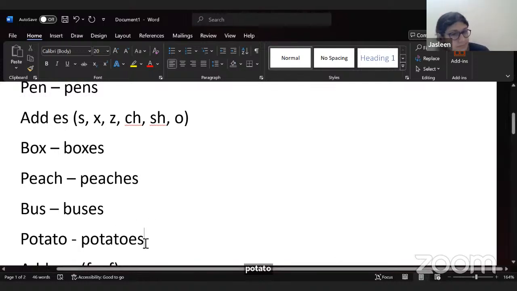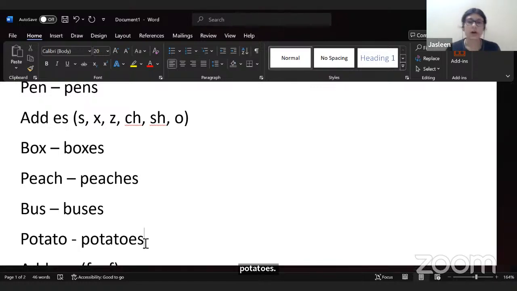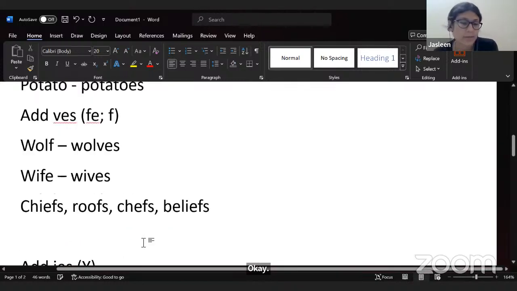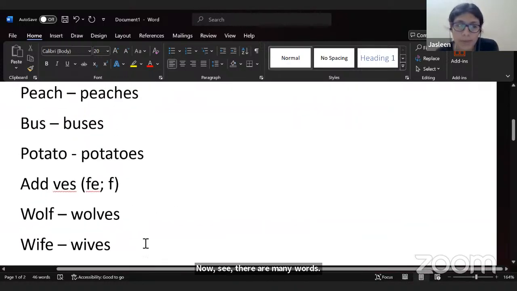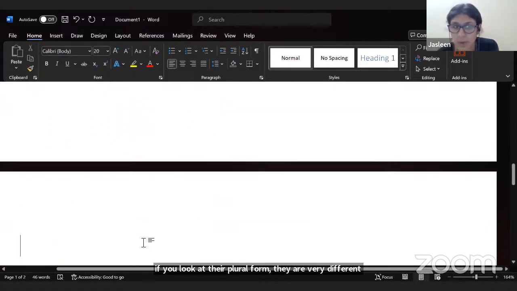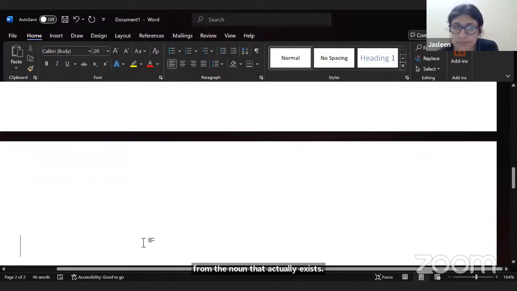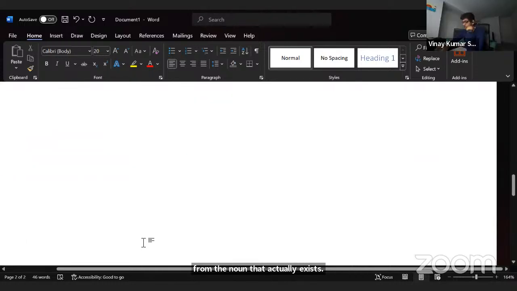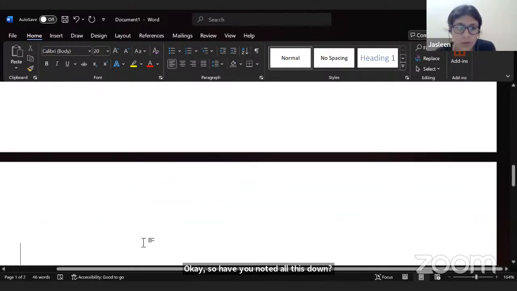Okay. Now, see, there are many words that, if you look at their plural form, they are very different from the noun that actually exists. Okay, so have you noted all this down? Yeah. Okay.